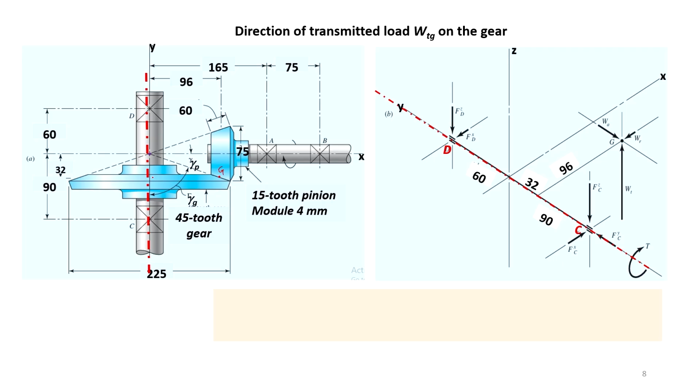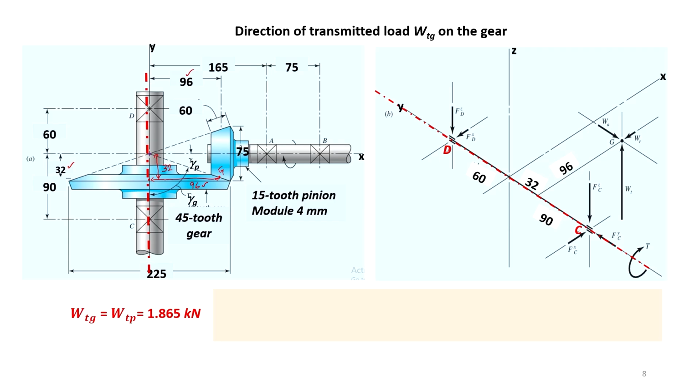From the y axis, this G point is at a distance of 96, and from the origin this point is at a distance of 32. So, this is the isometric view.